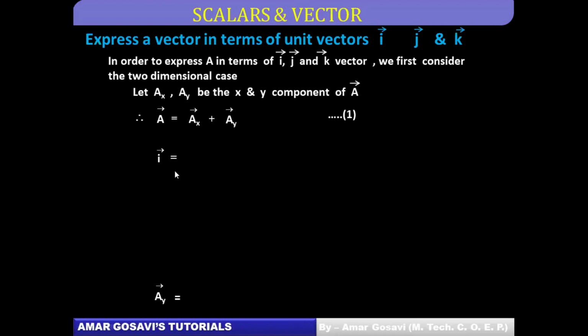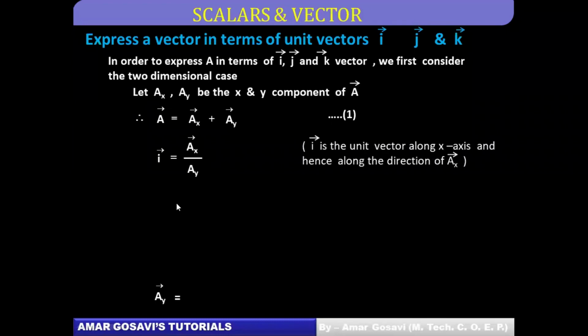Can I say then in that case how we represent i cap? We have seen it is ax bar divided by ax, basically. Here it's wrongly mentioned. ax bar is a vector and ax is the magnitude, or a is the magnitude in this case. So here you can see along the direction.